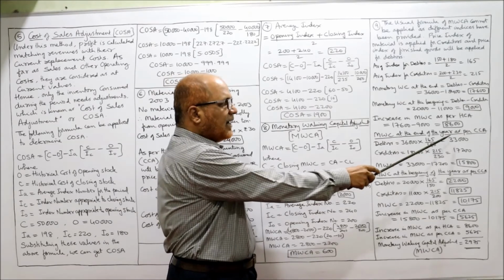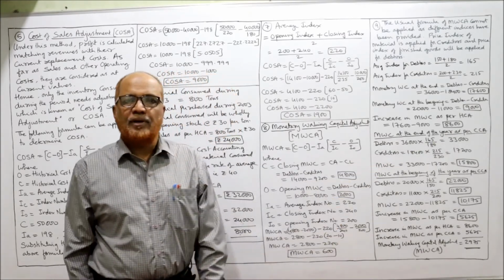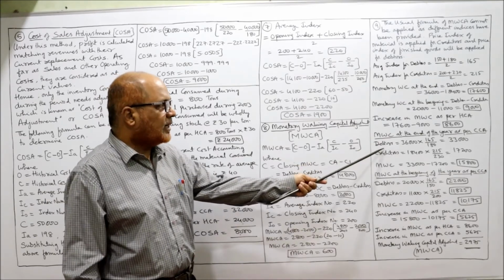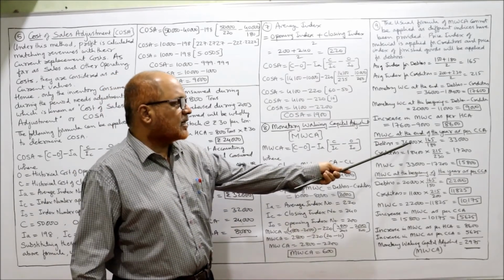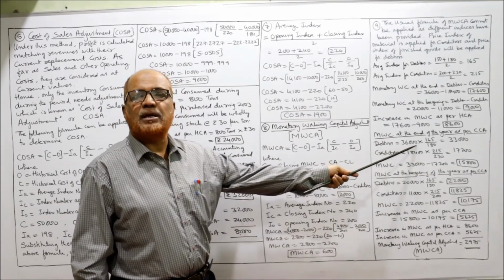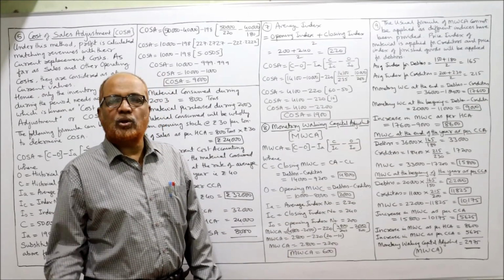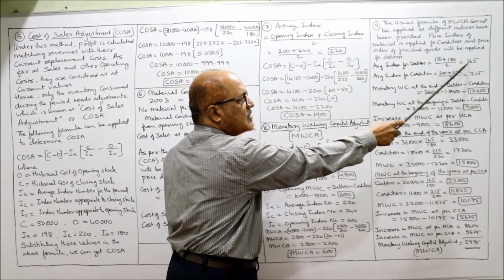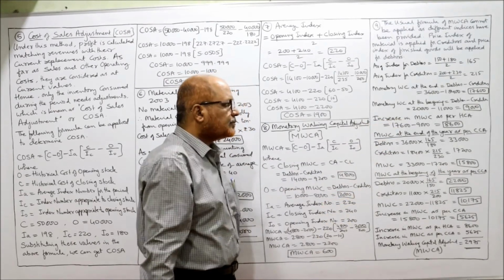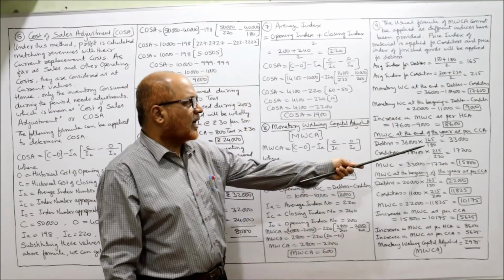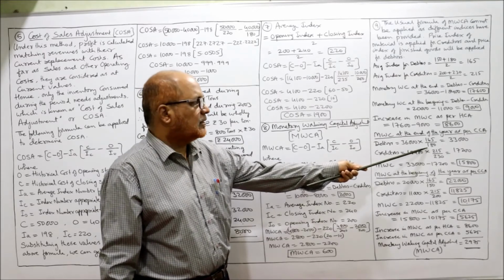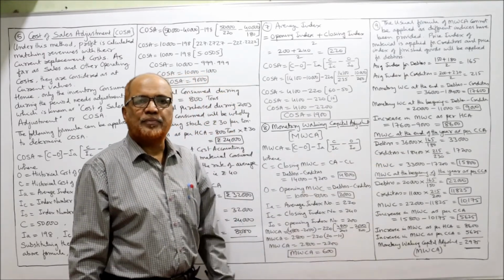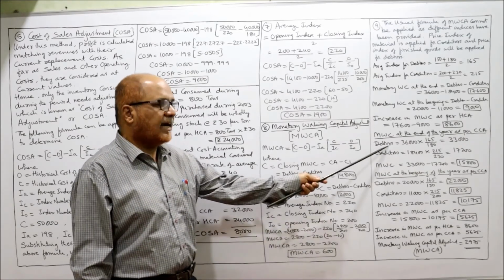Monetary working capital at the end of the year as per CCA. As per current cost accounting we are calculating the end of the year. So the closing debtors are 36,000. To this we multiply the index numbers. Average index for debtors, 165, divided by the index number for debtors at the end of the year, 180. So 36,000 into 165 by 180, 33,000. These are the debtors at the end of the year.